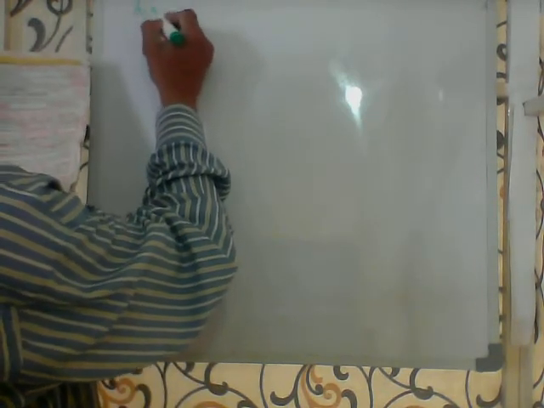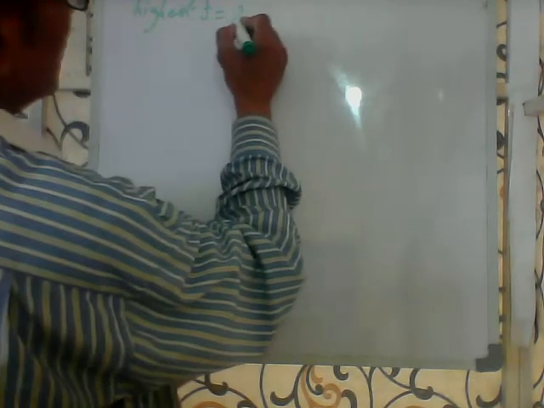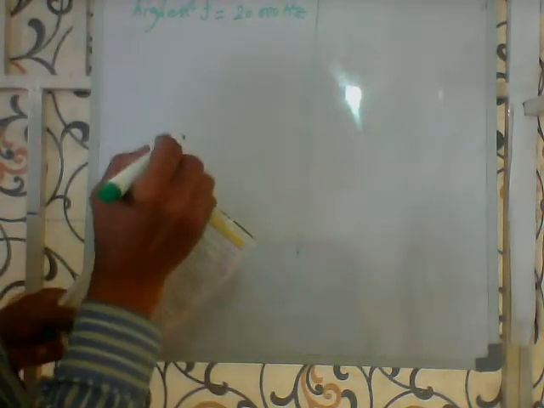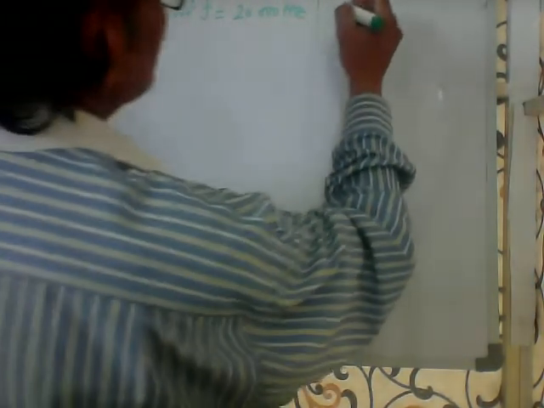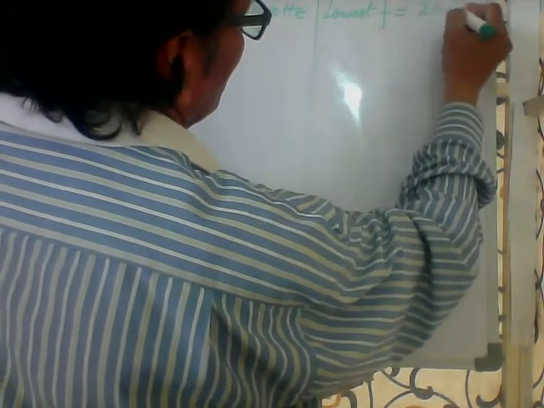Okay, in 11.8, the highest frequency the human ear can hear is 20,000 hertz, and the lowest frequency we can hear is 20 hertz.